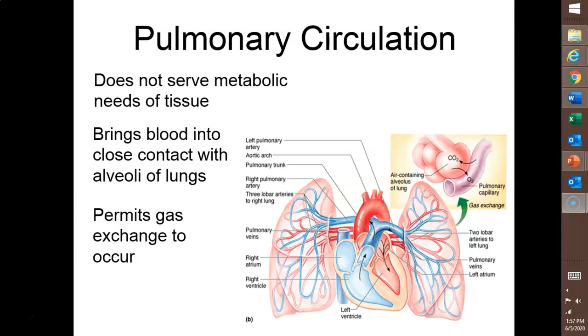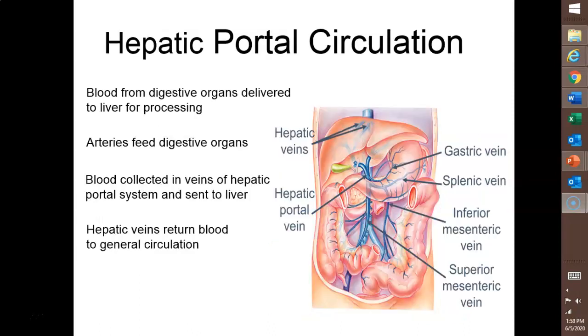So the pulmonary circuit is all about gas exchange, getting blood to and from the lungs to drop off CO2 and pick up oxygen.